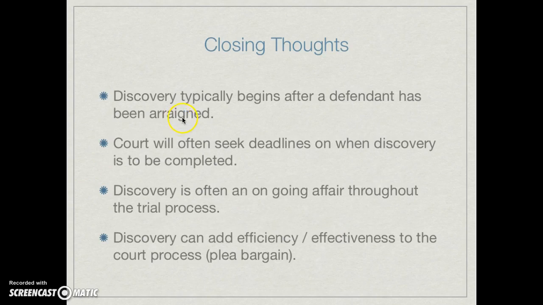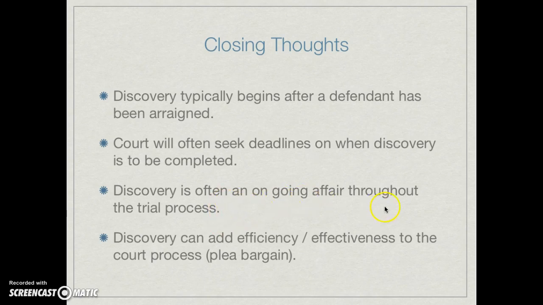All right, closing thoughts. Again, the discovery typically begins after the defendant has been arraigned. The court will often set deadlines on when discovery is to be completed. So as we talk about this issue with the 4-month continuance, the request to extend discovery is going to delay things even further. So hopefully you realize that the U.S. Attorney has to at least provide some of the basic discovery material, because otherwise he appears to be in violation of Rule 16.